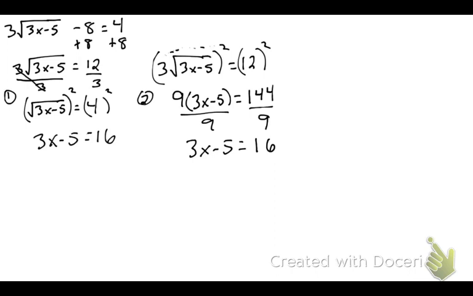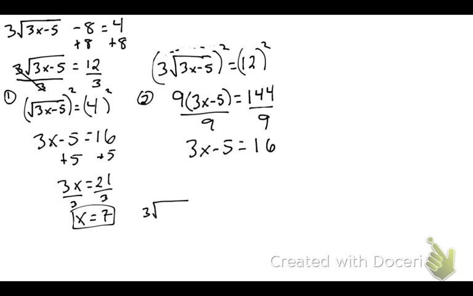From here, since they're the same problem, I'm just going to add 5 to both sides. So 3x equals 21. Dividing by 3, x should equal 7. We still need to check our answers, so we'll go back to the original problem. 3 times the square root of 3 times 7 minus 5 minus 8 should equal 4.